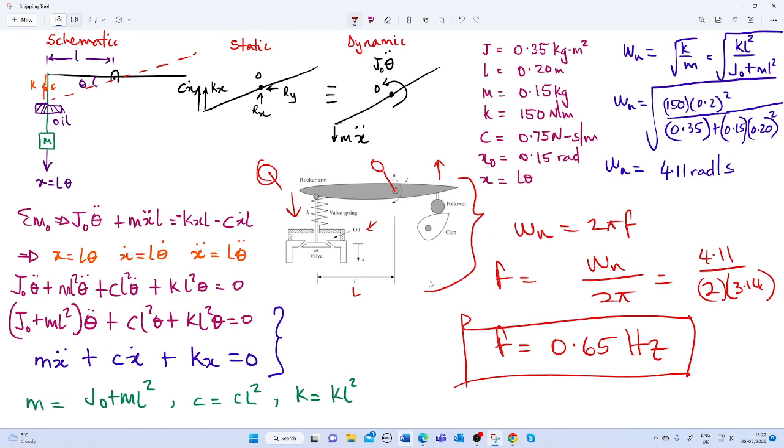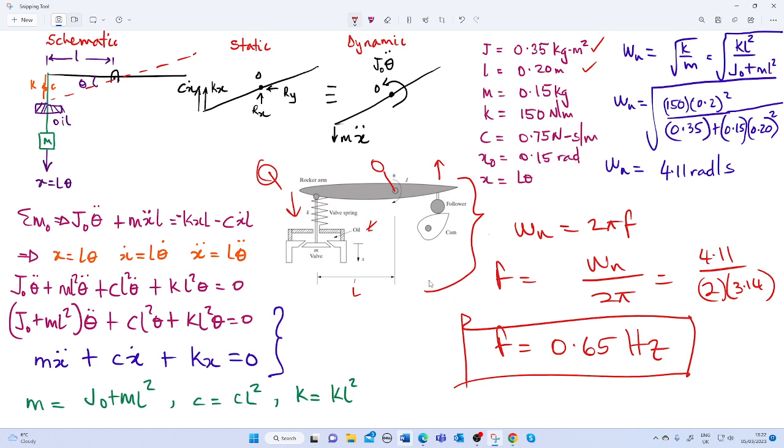Now let's pull out all our parameters. We're given the rocker arm moment of inertia to be 0.35 kilogram per meter cube. We're given the length of the pivot to the rocker arm spring to be 0.20 meter.